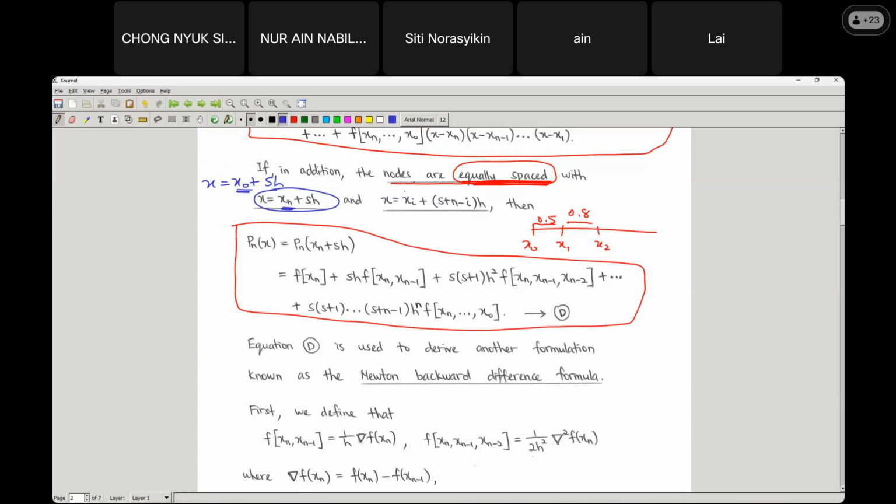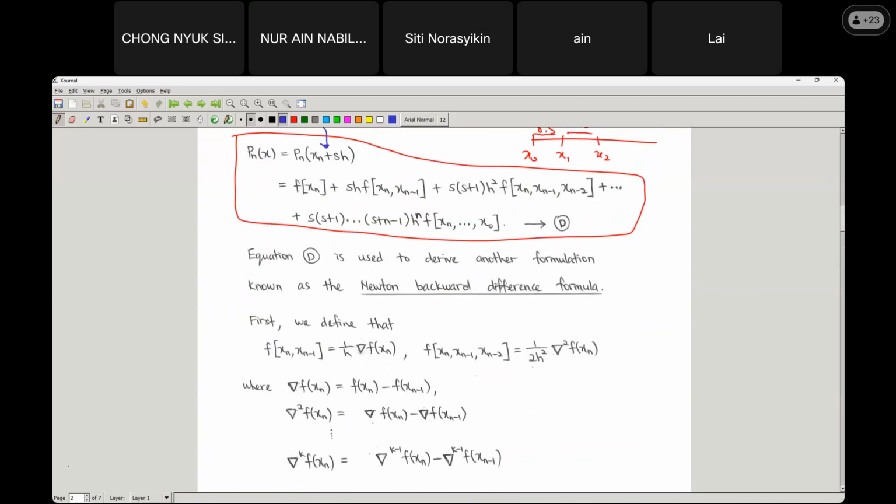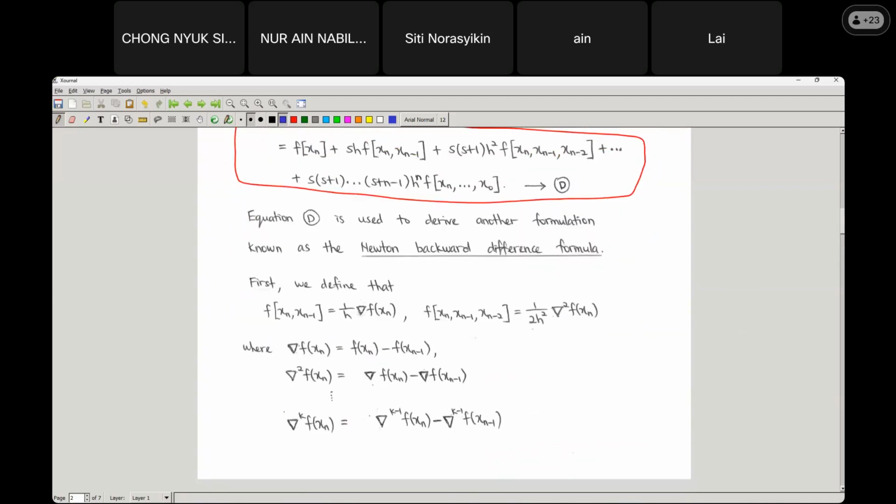Next, you substitute your x. The way you substitute your x is similar to what I have shown to you just now when we discussed the Newton forward difference. It's the same thing. Because this is your x, you substitute into here. And you remember that your formula is, let me write it at the bottom of this page. I hope that you still remember the Pn formula.